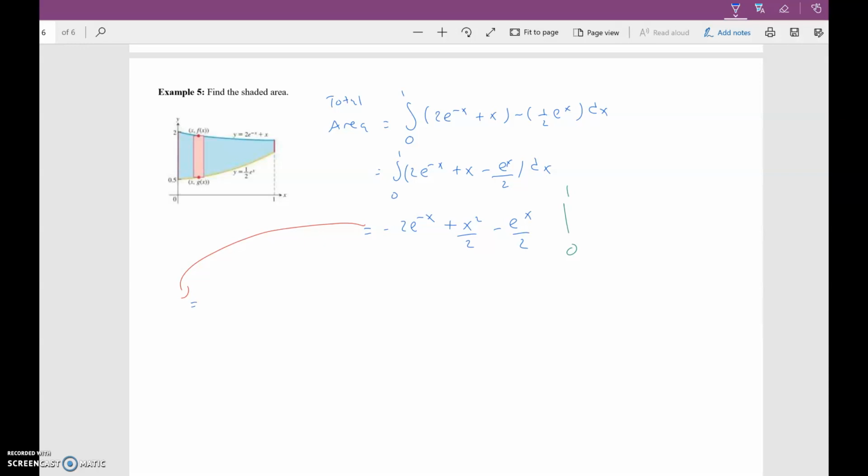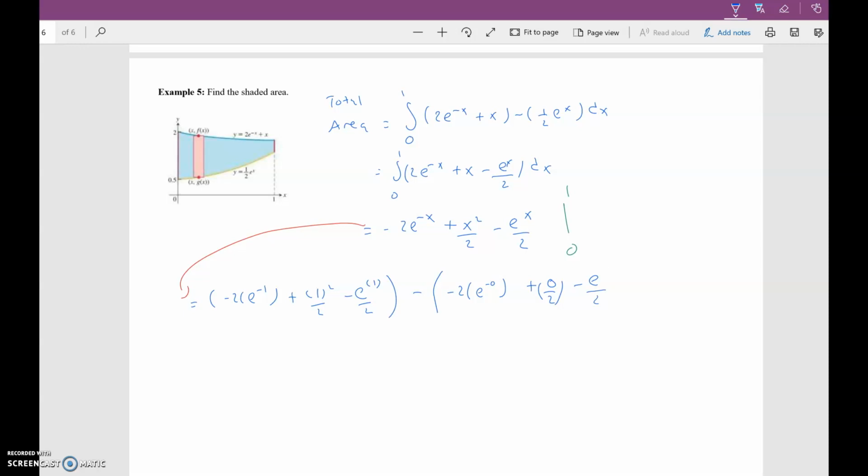So we're evaluating at 1: negative 2 times e^(-1) plus 1 squared divided by 2 minus e^1 divided by 2, minus, evaluating at 0: minus 2 times e^(-0) plus 0 divided by 2, so that one's going to cancel, minus e^0 divided by 2.